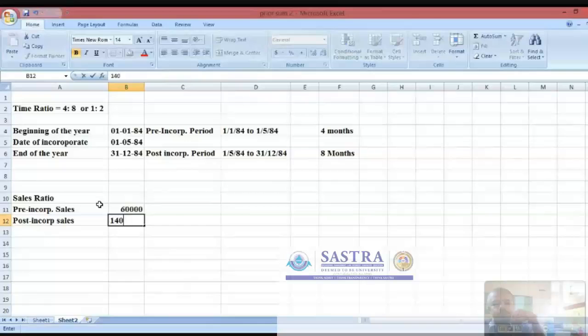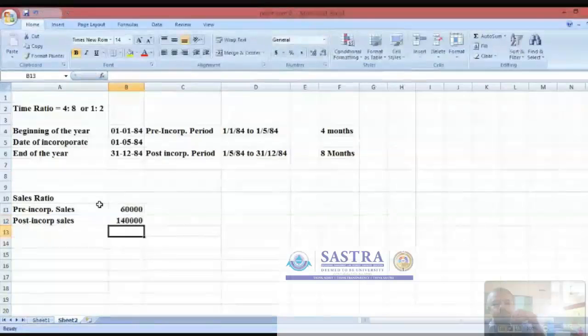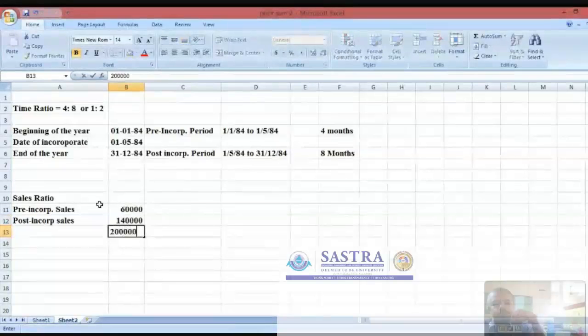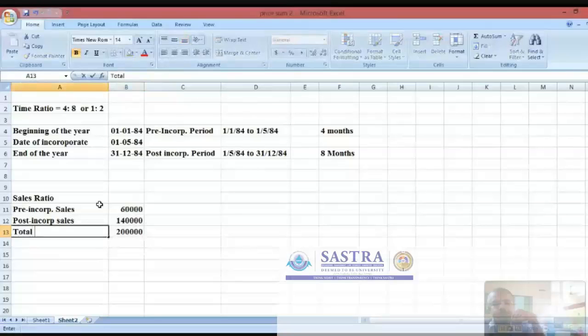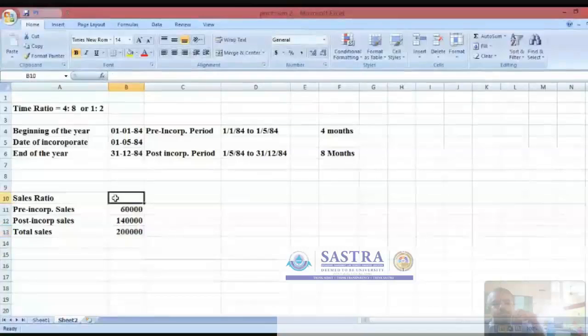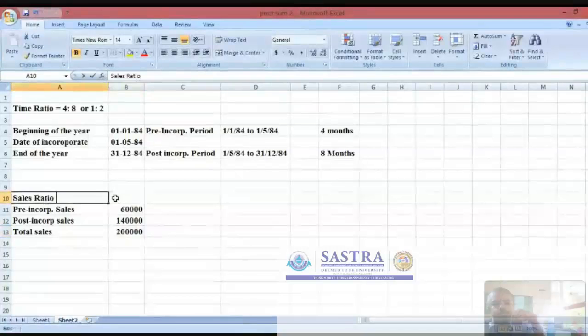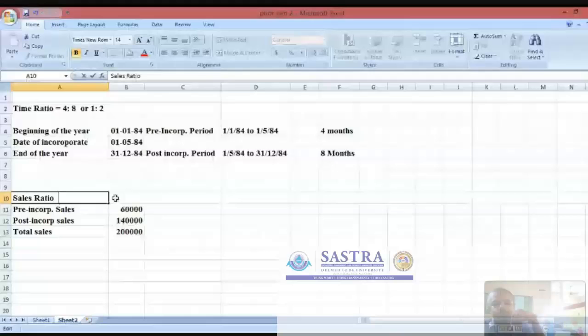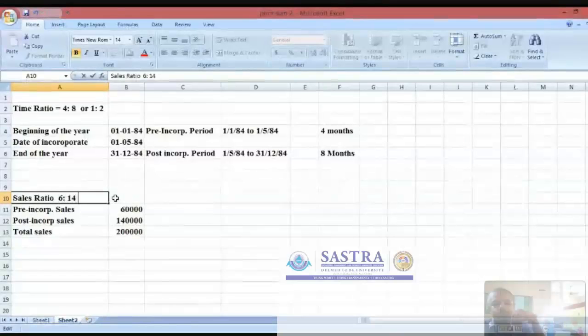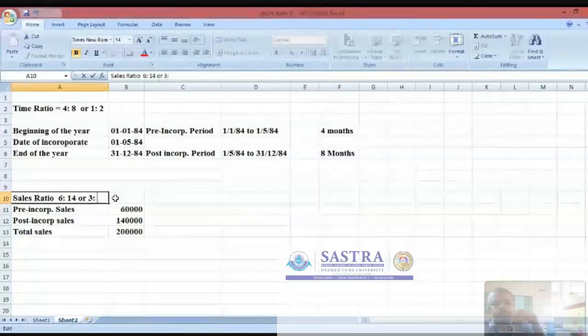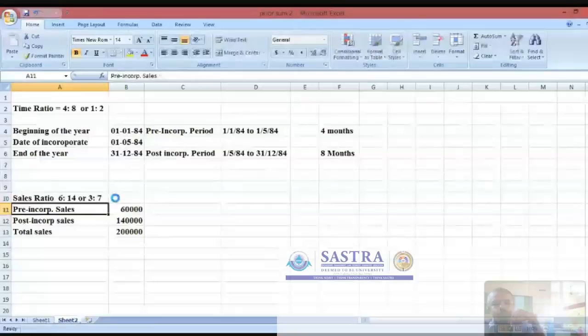Post-incorporation sales is 1,40,000. Total sales is given as 2 lakhs. So what is the ratio? 6:14, or 3:7. We simplified to 3:7. Do you understand?